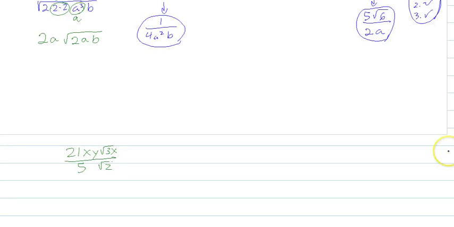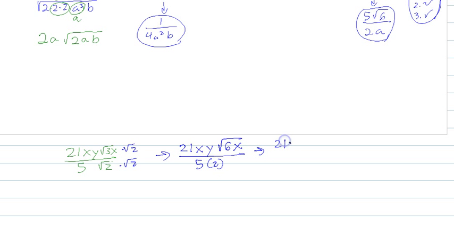So, now that we know our trick, we just multiply top and bottom by radical 2, which gives us 21xy square root of 6x all over 5 and then a 2, which is 21xy square root of 6x over 10. And that's it. Nothing cancels. So again, no pairs. Can't cancel these. There's no radical left. It's finished. And that's it.